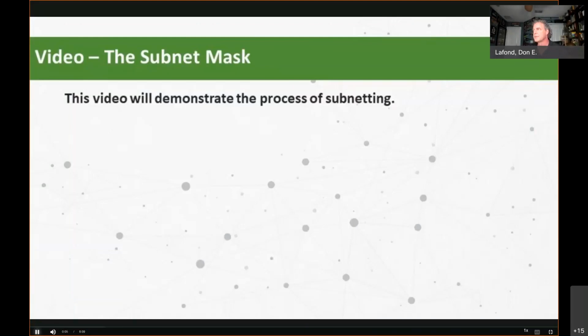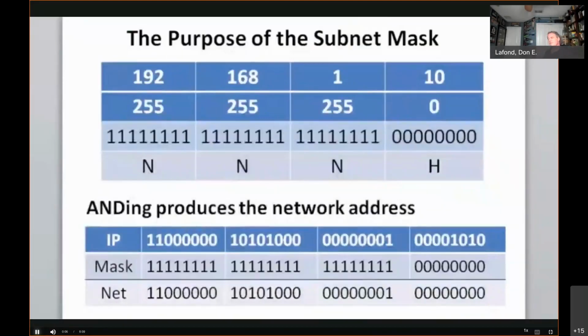Now, I want to take a moment to point out that subnetting makes sense from the binary perspective. In other words, when we take the IP address and the subnet mask and convert them to binary, I have the IP address on this row here, I have the subnet mask on this row, converted to binary, that the computer and the router are able to logically AND or combine the IP address and the subnet mask and find the network address.